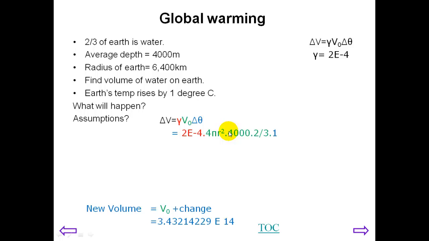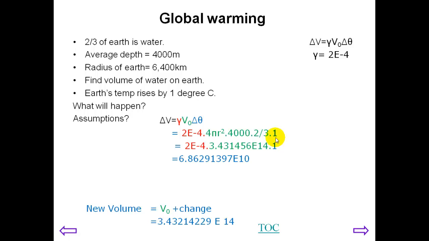The volume is the area of the Earth times by the height. So it's 4 pi r squared, where r is the radius of the Earth, times by 4,000 meters, times by 2/3, because 2/3 of the Earth is water, times by 1, which is a temperature change of 1 degree.